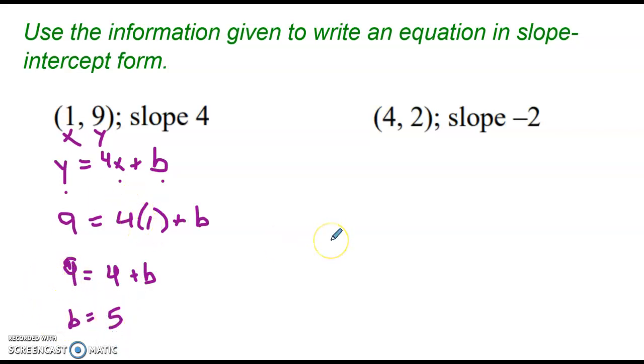So this is the medium difficulty of the 3 different types of problems we're going to see today, where you have to solve for the y-intercept. So really their answer then is just going to be, and I'll use a different color here, my final answer is y equals 4x plus 5. And that's it. We're just using the slope that they gave us and the y-intercept that we calculated.